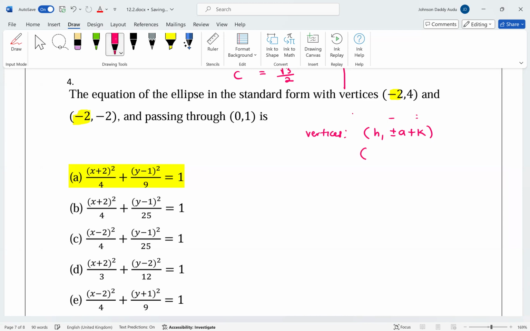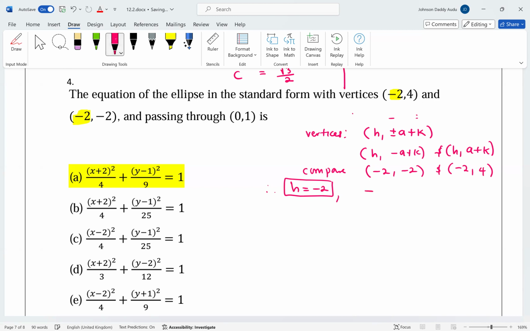And what does that mean? It simply means it is h, then minus a plus k, and h, a plus k. So if you compare with minus 2 and 4, it simply means that h is minus 2.